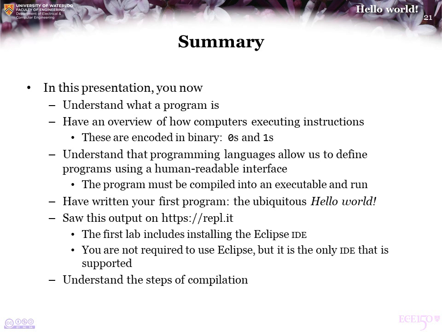You understand that programming languages allow us to define programs in a human-readable interface. Now, you may be looking at that first program and say, that's not readable. I have no clue what most of that is. That's okay. That's what this course is about. However, once you have that program, you must then compile it into an executable and execute that program.